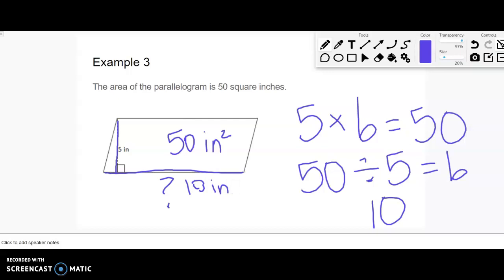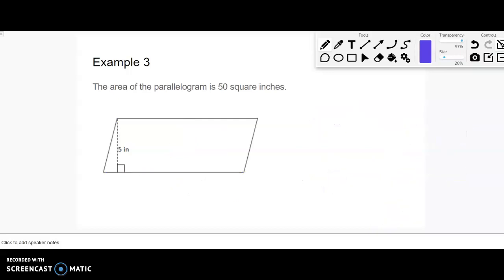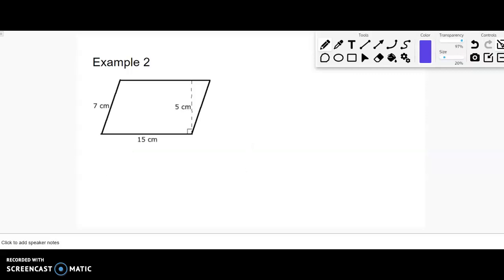And I can even check it. Is 10 times 5 50? Yes, it is. So I know that 10 is the base of my parallelogram. I want to just point one thing out. All the parallelograms I've showed you are facing the same way.